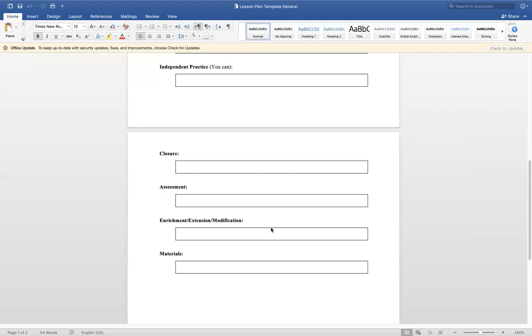So you want to make sure that you have an activity that is meaningful, preferably relevant to the goals and objectives of the lesson, but something rewarding for those students and something that helps them move forward and learn something new.